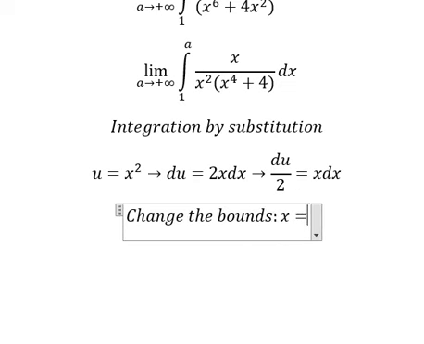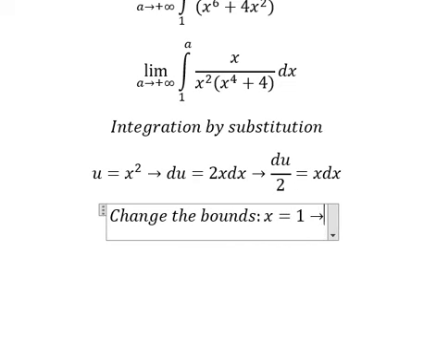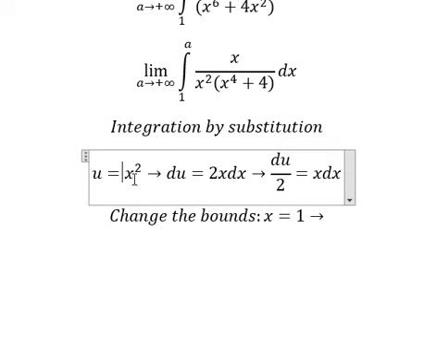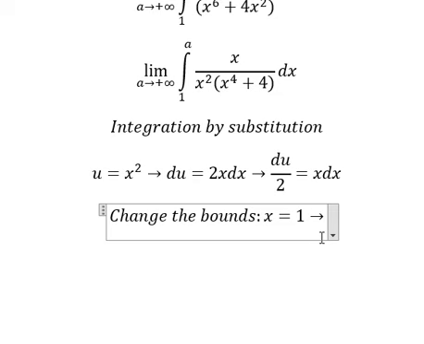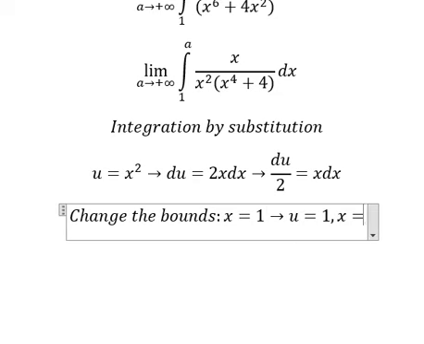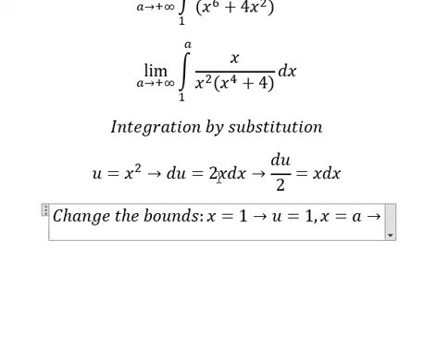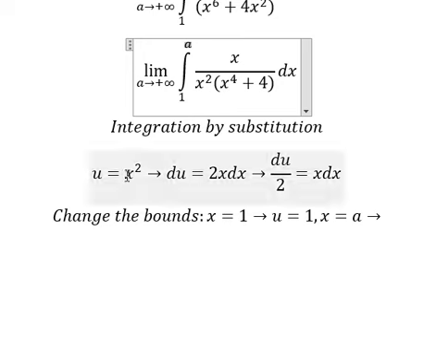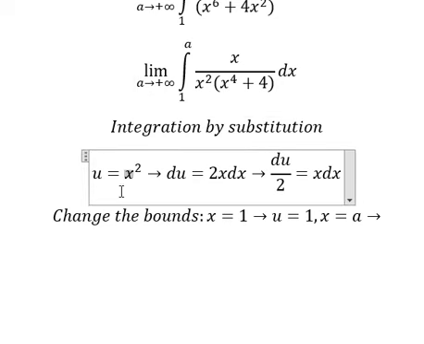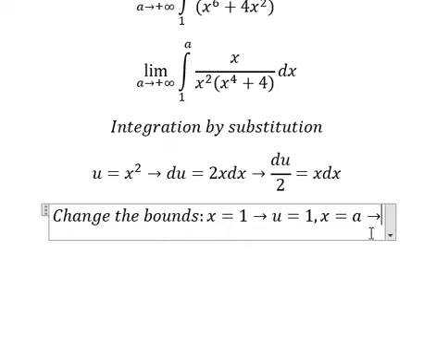When s equals 1, we put number 1 here. So you get u equals 1. When s equals 8, we put the value of 8 here. So u equals 8 squared.